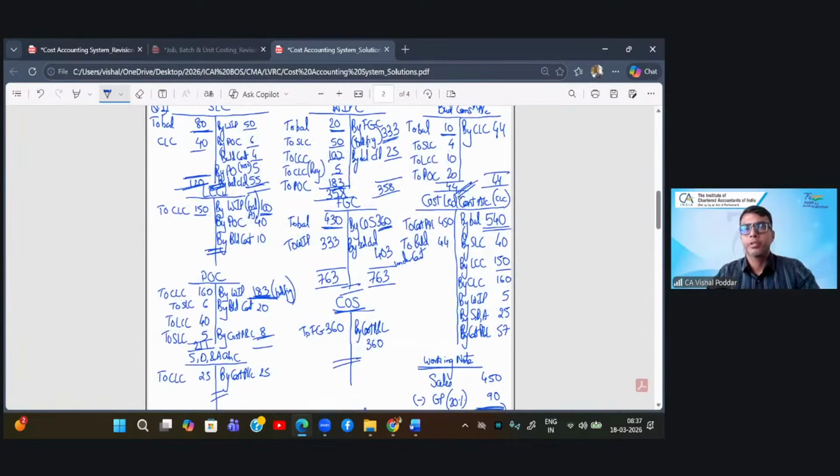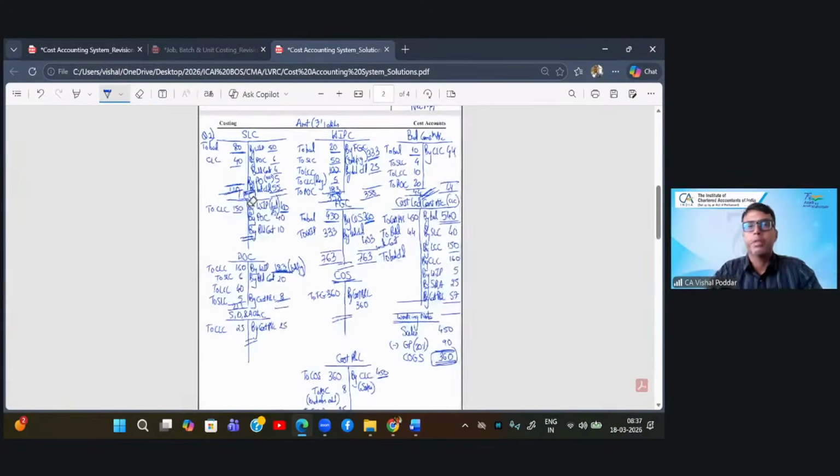Building under construction is closed. Now, students, you will get the balance carried down here. So you'll balance the CLC account, and the balance carried down will appear here as the final answer. Understood, students? So this is how this particular sum goes.